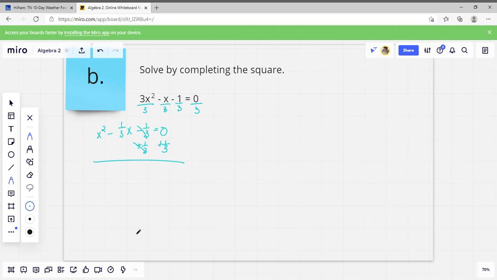And we're going to get x squared minus 1/3 x equals 1/3. Now we got to take our 1/3, that's whatever term's connected to our x, and multiply it times 1/2, and then square it. And then we're going to add that to both sides.